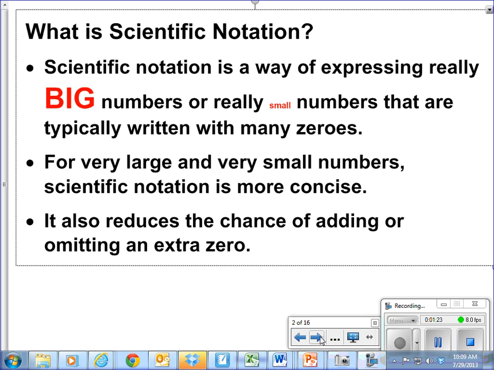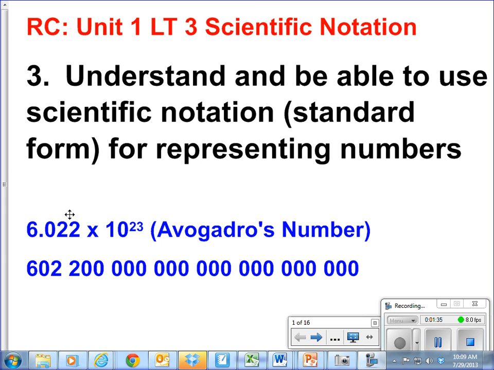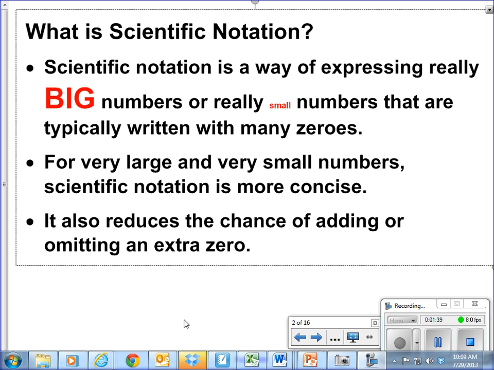So again, what's scientific notation? It's a way for us to express really large numbers or really small numbers that are typically written with lots of zeros. One of the benefits is that it's more concise. Obviously, if you go back and see, this is much shorter than this. It also reduces the chance of adding or omitting an extra zero.